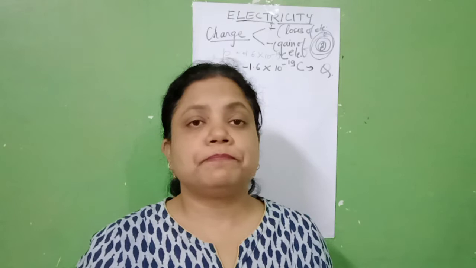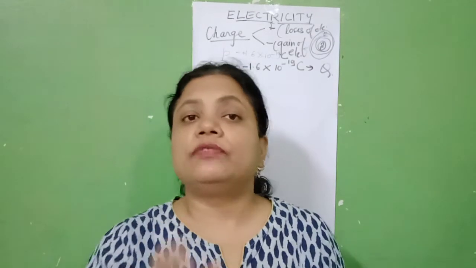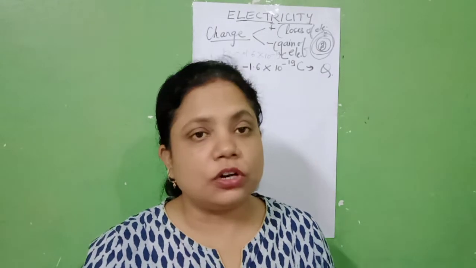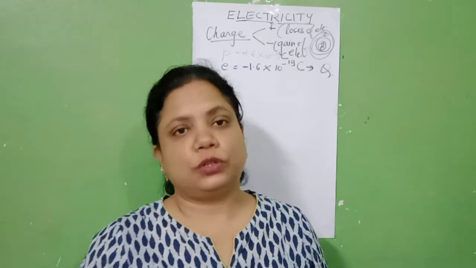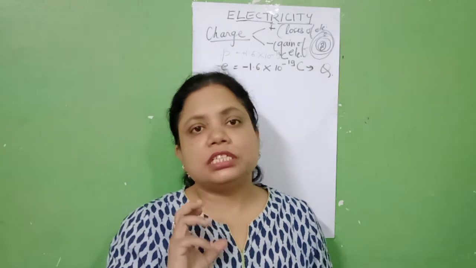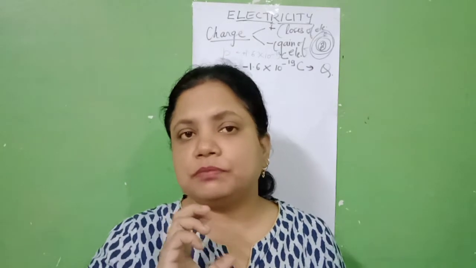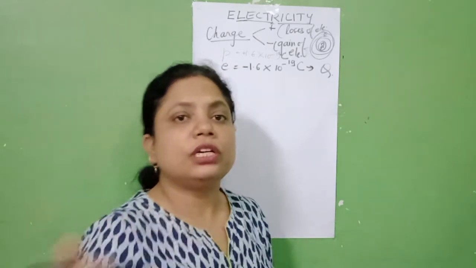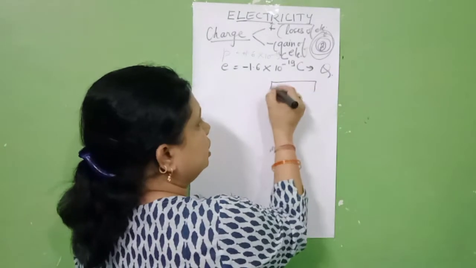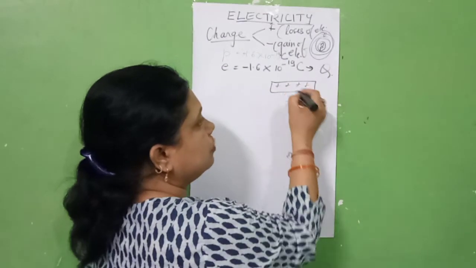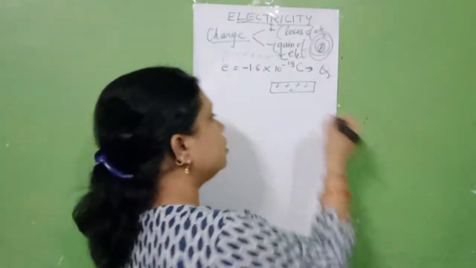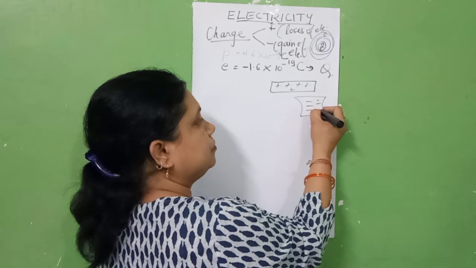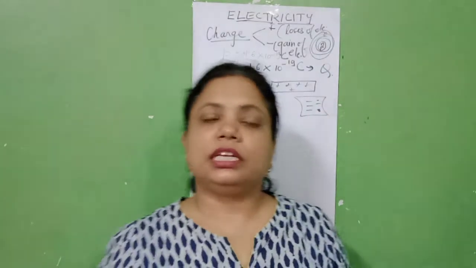Now students, let me show one example. Suppose, students, we take a glass rod and rub it with a silk cloth. After this procedure, we observe, students, that the glass rod contains the positive charge and the silk cloth contains a negative charge.